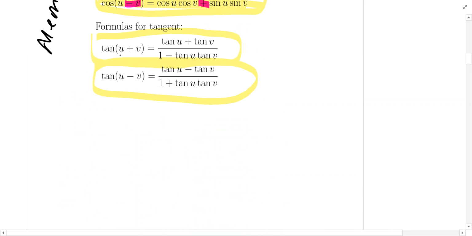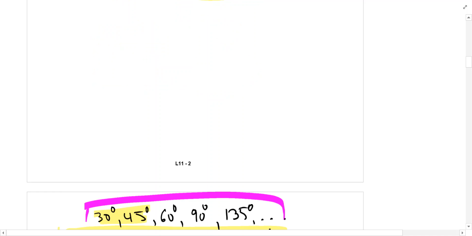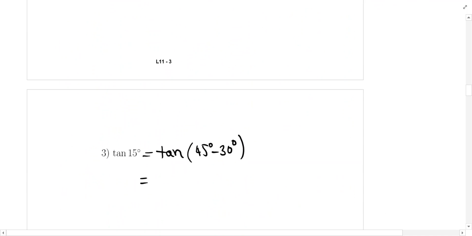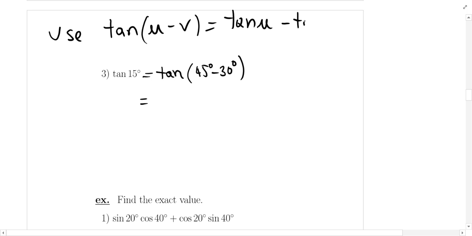It's going to be tangent of the first minus tangent of the second, divided by 1 plus tangent of the first times tangent of the second. So let's write the formula: tangent of u minus v equals tangent of the first minus tangent of the second over 1 plus tangent of the first times tangent of the second.